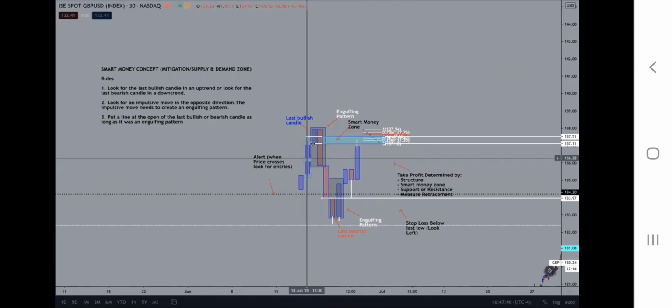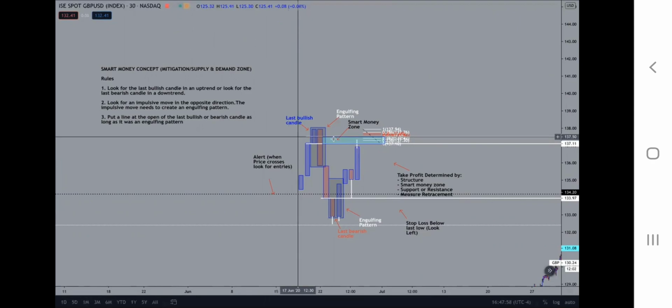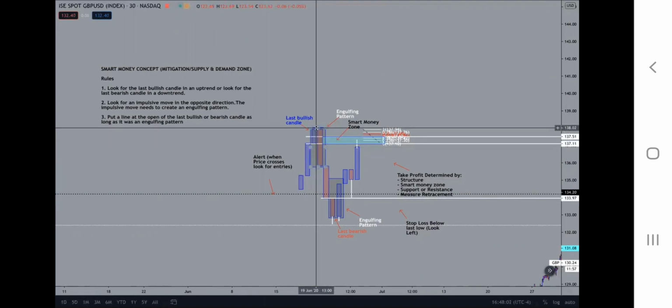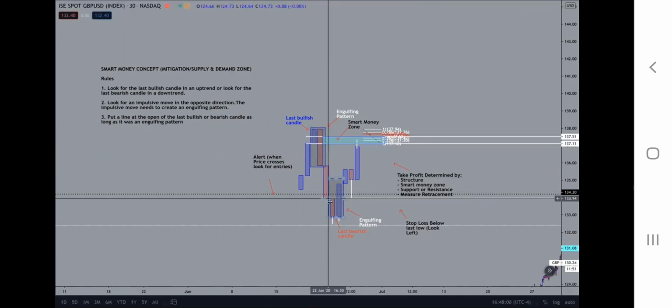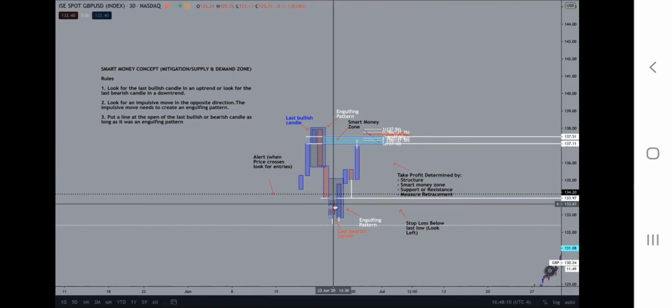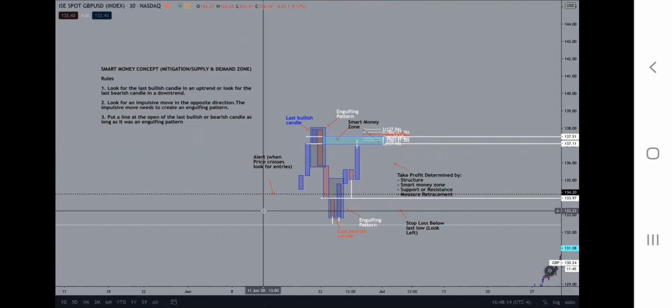So we're looking for the last bullish candle. Now, our last bullish candle in this scenario, the bullish candle being the blue, the bearish candles being the red. So the blue candle up here is the last bullish candle in this trend, right? Now, if we go down, we see in this bearish trend that the bearish candle down here is the last bearish candle. So that's the first step of what we look for.